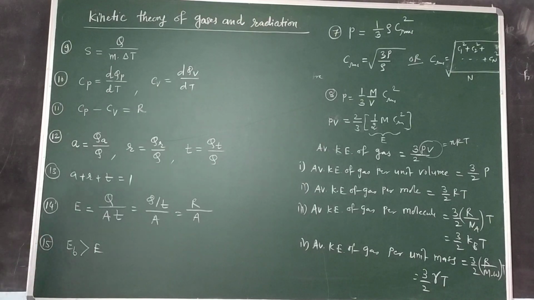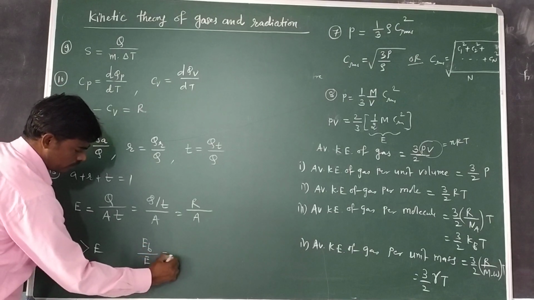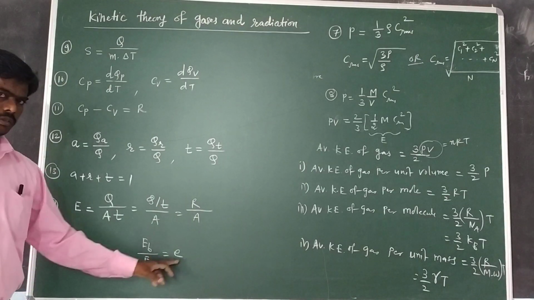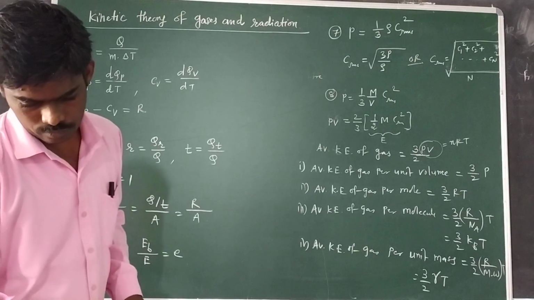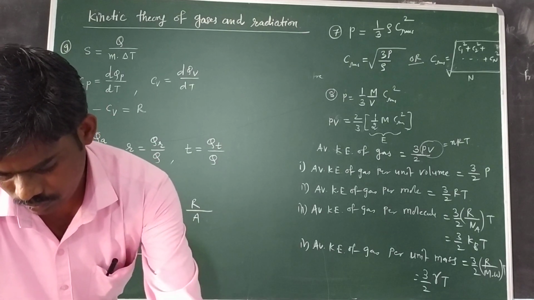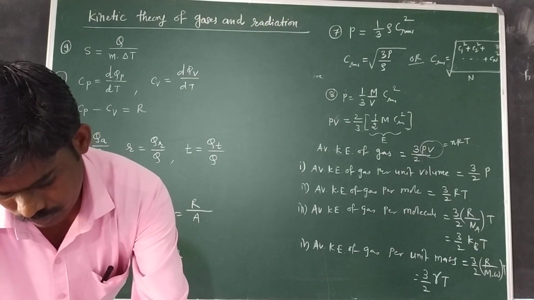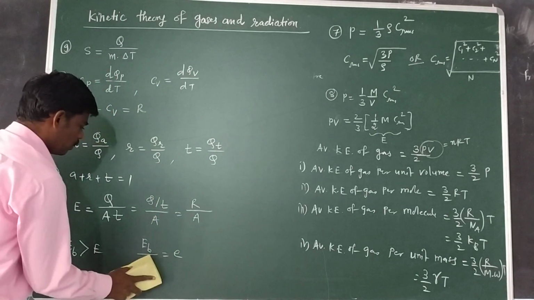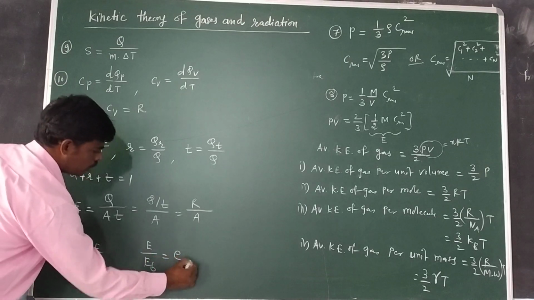And this ratio, EB upon E, is called the coefficient of emission. Then another important formula is: the ratio E upon EB is equal to small e.